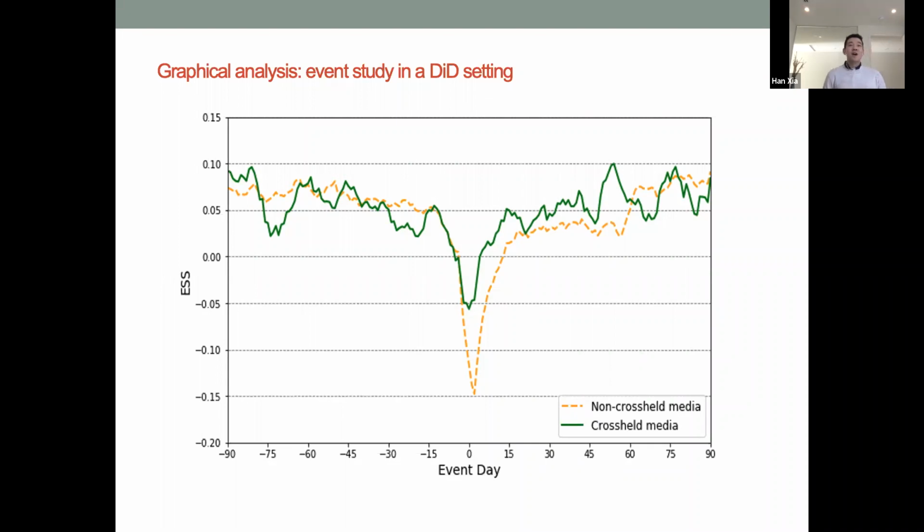Now, this changes during the litigation period. There are 2 things that we see. First, the tone of the cross-held median drops by only half as much as the non-cross-held median. And second, the tone of the cross-held median recovers more quickly after the litigation.